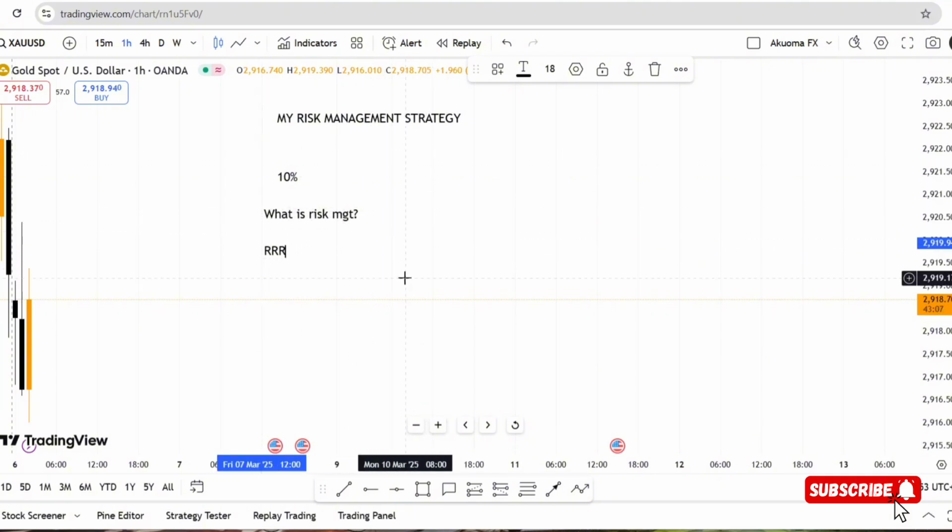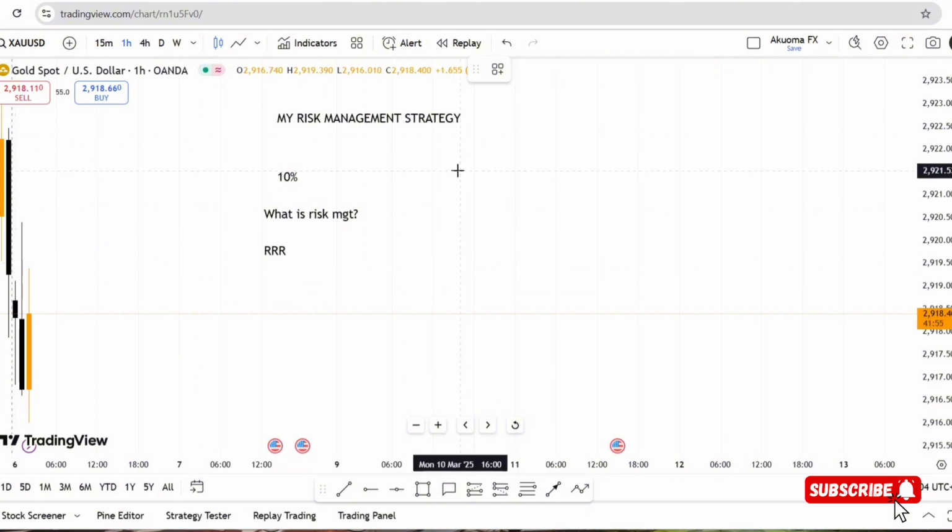Let me illustrate further. Having proper understanding of this risk to reward ratio, let me show you what win rate looks like. Let's assume your win rate is 50%. We'll be using the abbreviation win rate 50%.